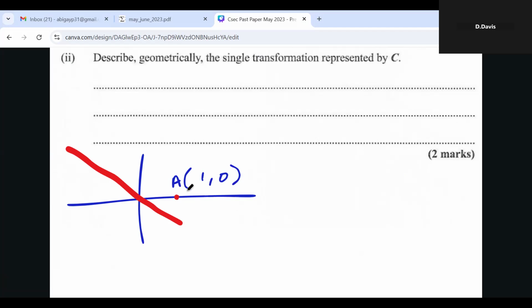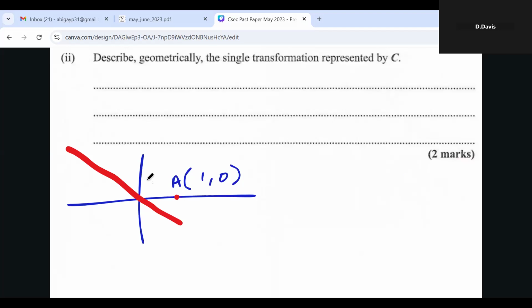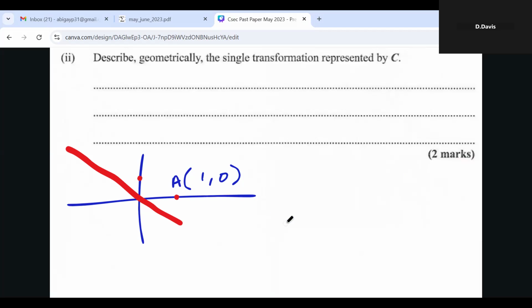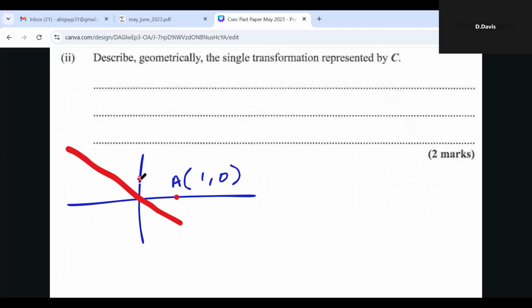And if it's supposed to rotate 90 degrees, so 90 degrees would be right here. Is it anti-clockwise? Yes. So it will be right here. So if we rotate it anti-clockwise 90 degrees right here, this would be A prime.